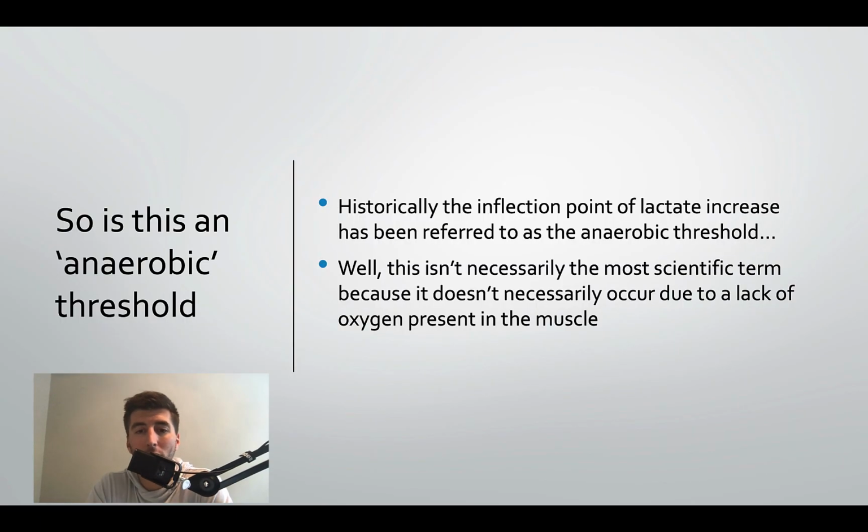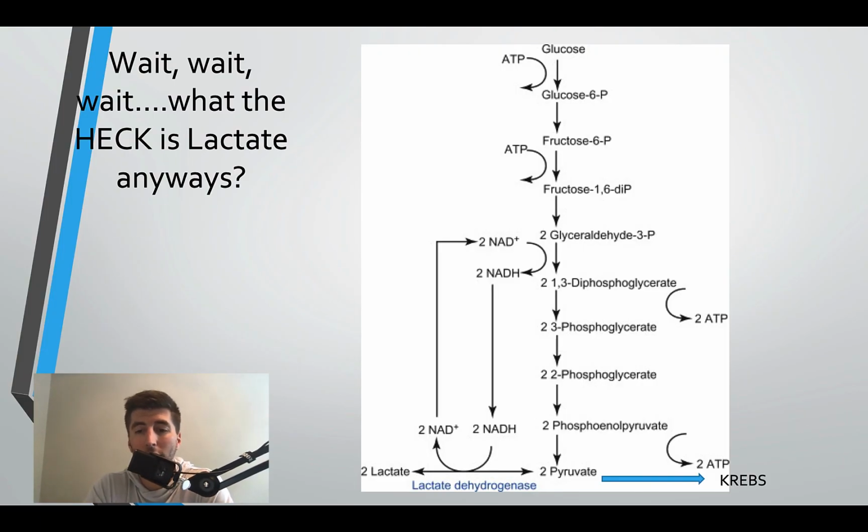We start slowing down the conversion of pyruvate into acetyl-CoA, and we start ticking this sucker up, right? We start generating more and more lactate because we're donating hydrogens here. We're moving pyruvate towards lactate via NADH. So instead of using the NADH to just power the electron transport chain, loosely, we're actually using it to fuel the conversion towards lactate.